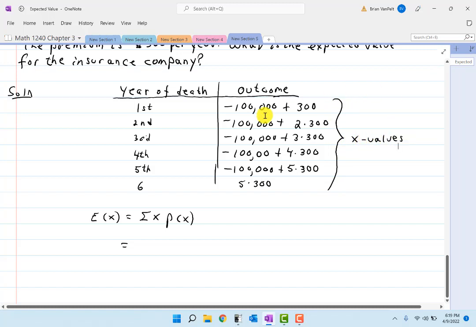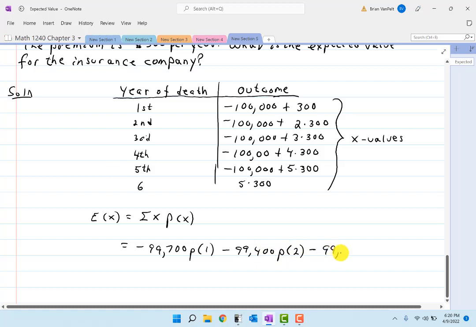The first one there was negative $99,700, so negative $99,700 times the probability that you will die in the first year. The next one, this time I have to do negative 100,000 plus 600. So that's negative 99,400 times the probability you'll die in the second year.